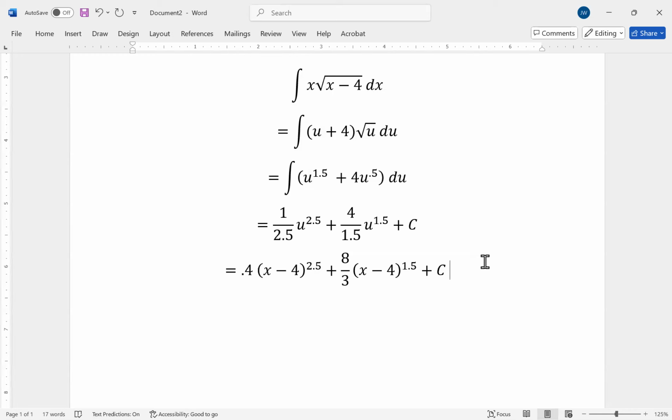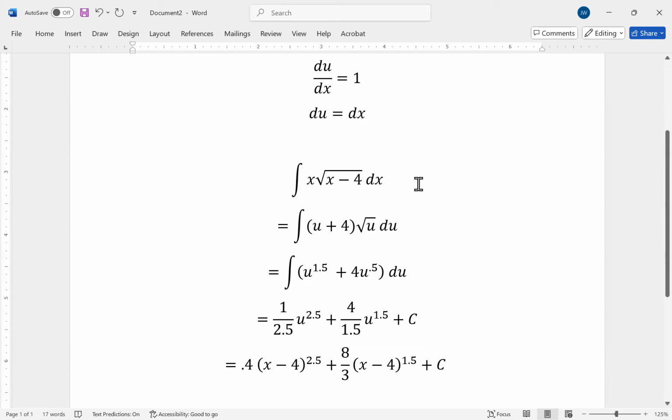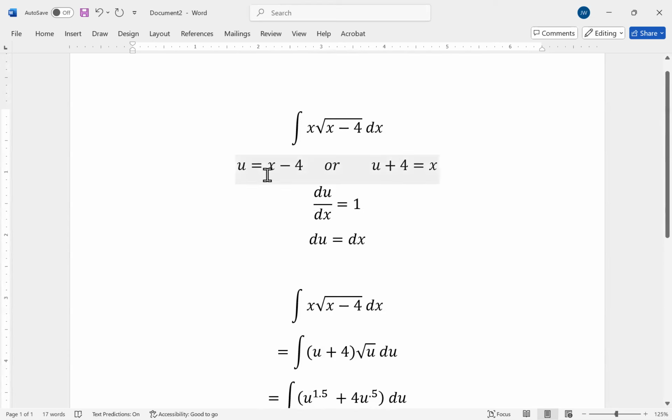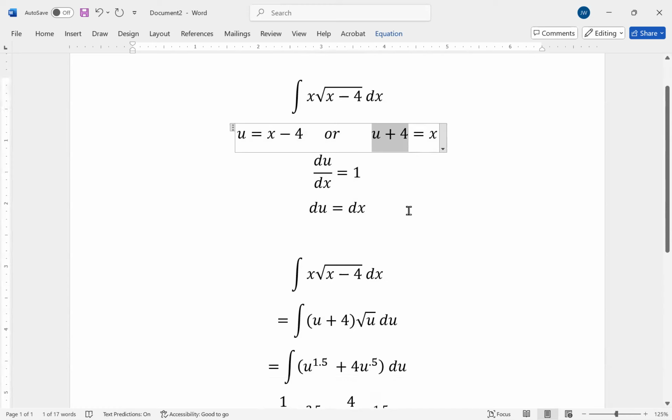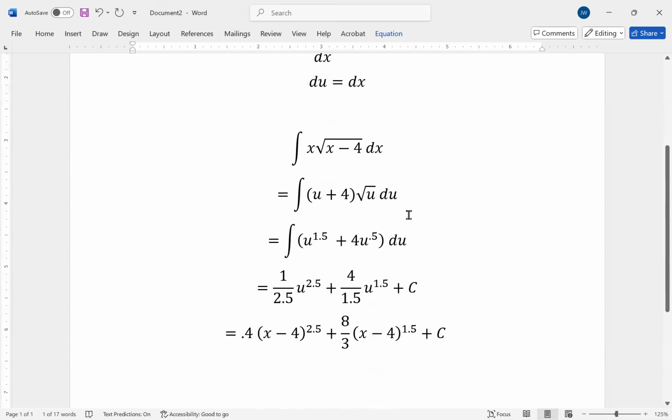So this is another time where when my du dx exchange, my differential exchange, and my straightforward u exchange leave me with some extra x's around, I can just replace those extra x's with, in some cases, a u plus 4, like I did here.